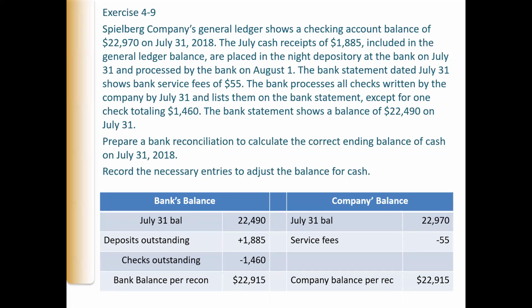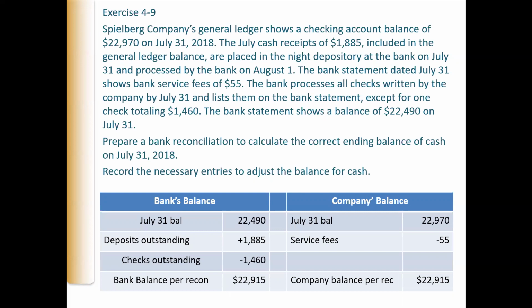That's it. The items we record on the company side include things the bank has recorded that the company hasn't yet recorded. And there's only one thing, the bank service fees.